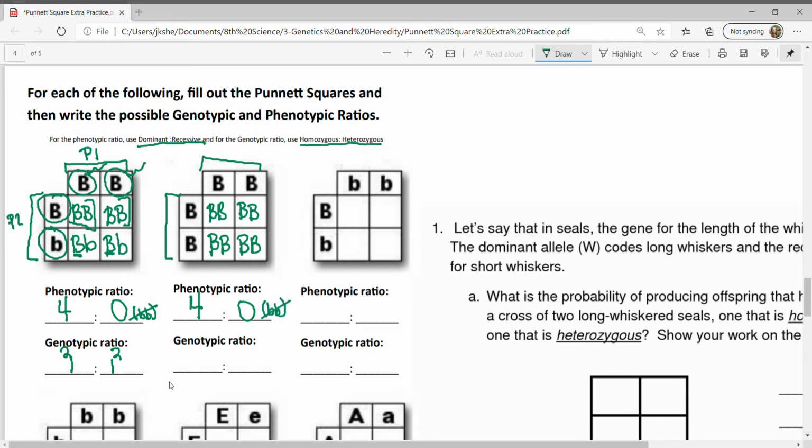For the genotypic ratio, we're wanting homozygous to heterozygous, and because all 4 of these possibilities are homozygous, that is a 4 homozygous to 0 heterozygous genotypic ratio.